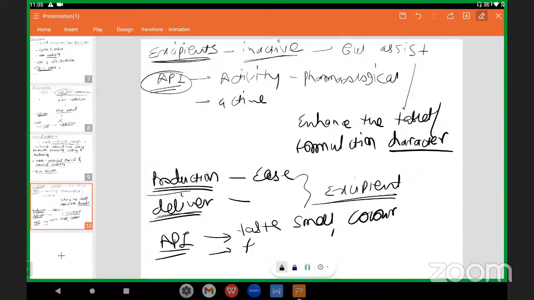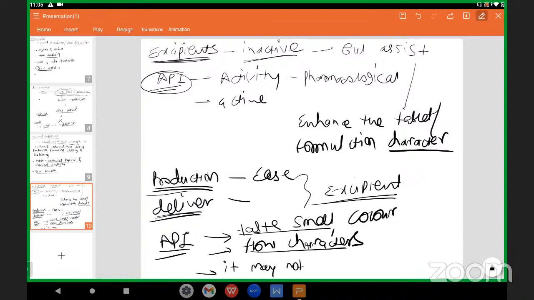Second point, it may not have the proper flow characters. Third point, it may not have enough quantity to compress the tablets.